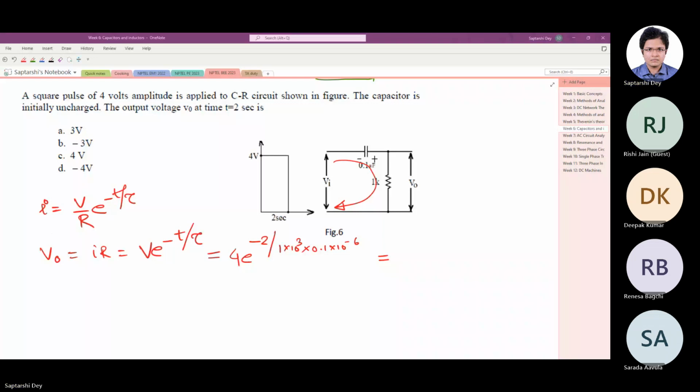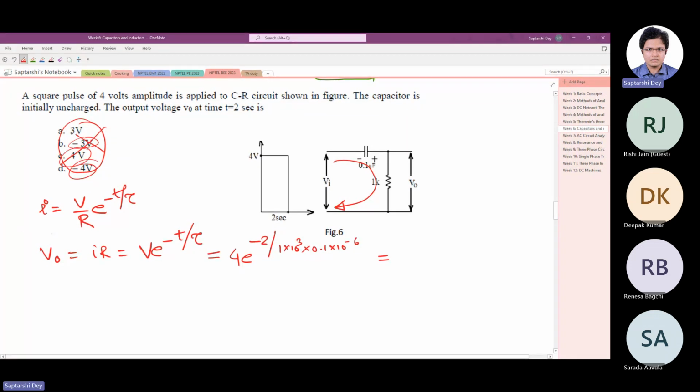It can never be zero, right? I think these ones are not correct. It can never be negative for sure. It can never be 4 volt.